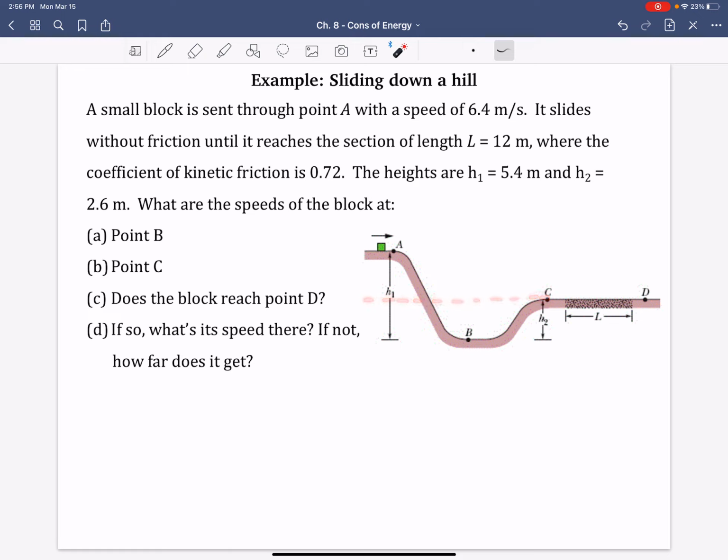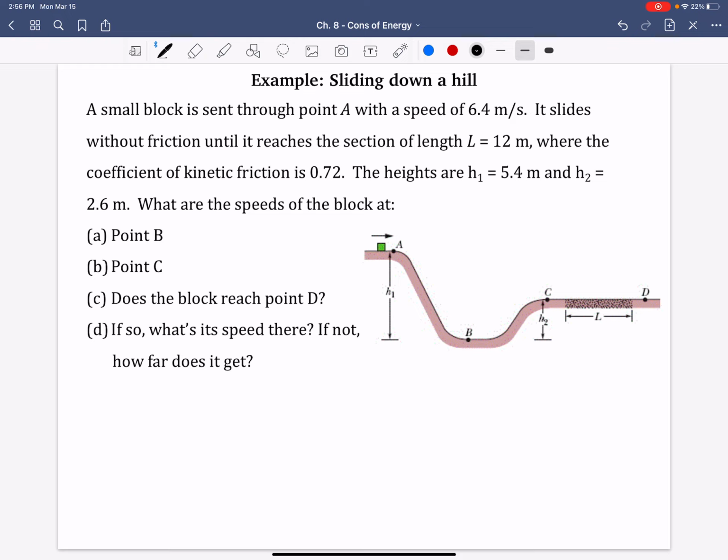You can even put zero up here, you just have a negative change in height. That's another thing about potential energy: it's arbitrary. You can measure it from wherever you want to. So you have that freedom to choose whichever position is simplest to measure from.